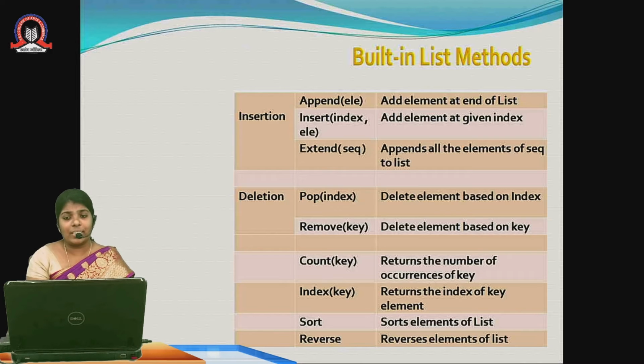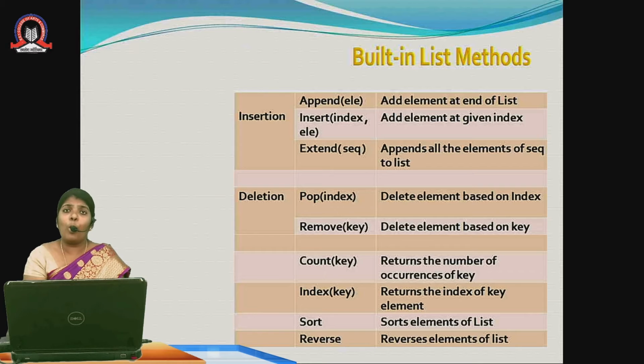Then extend. Extend means you can extend the list, that is, you can add all the elements from one list to the second list. Then deletion. Here for deletion we use the word pop. Pop means to delete the element, so pop of index deletes the element based on the index.